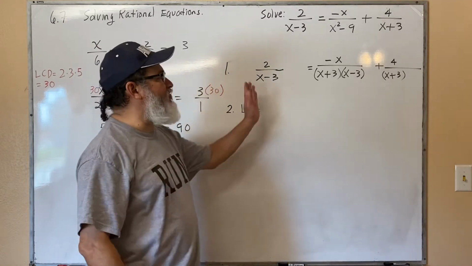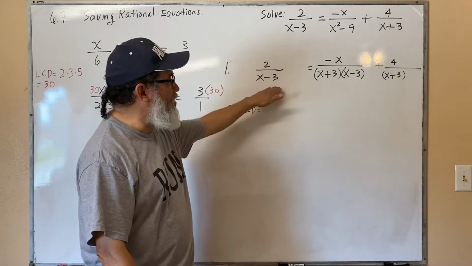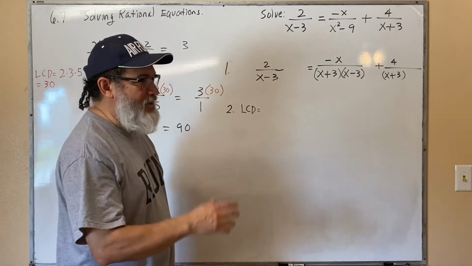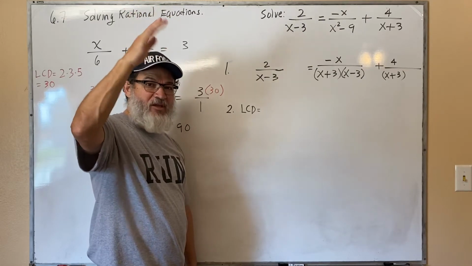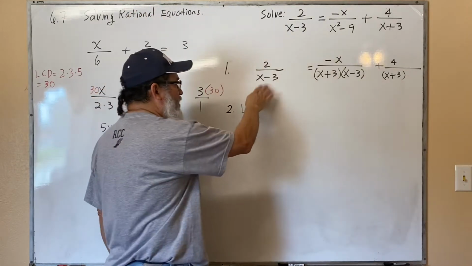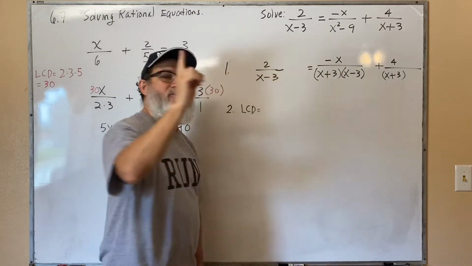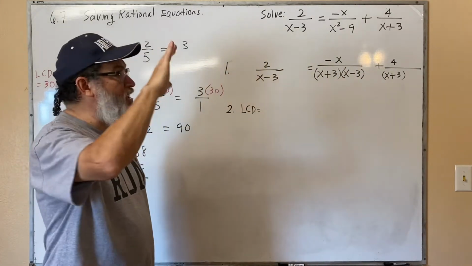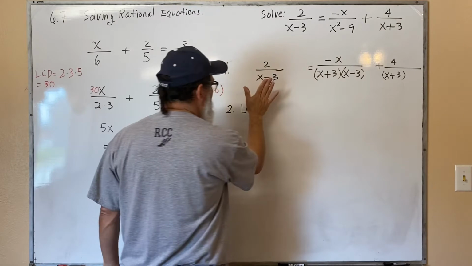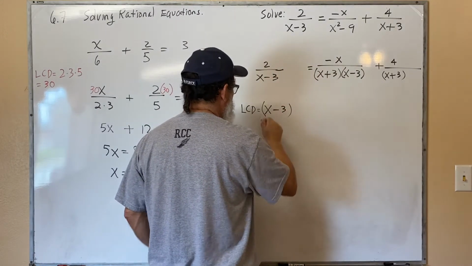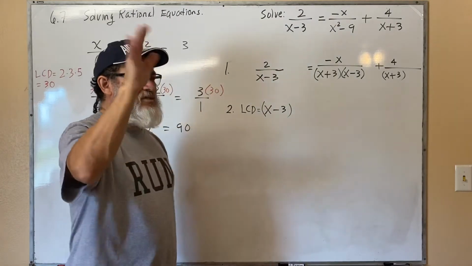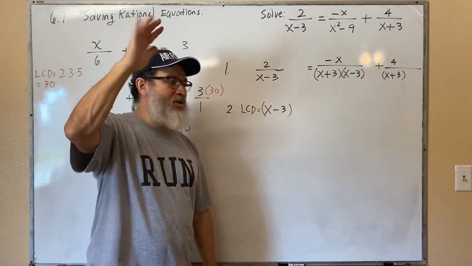Because denominators are factored, you can just go there. How many times are we going to take x minus 3? Either here or there, not both. Just one time. I'm going to go there. How many times am I going to take x plus 3?